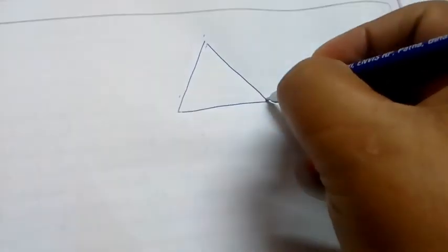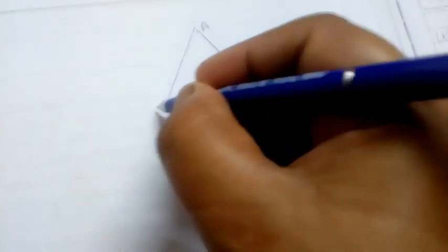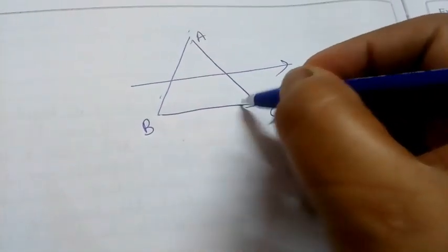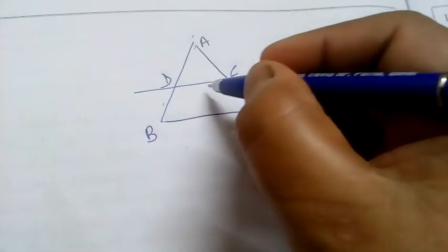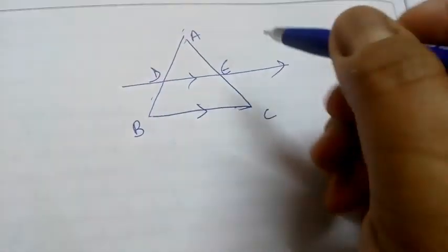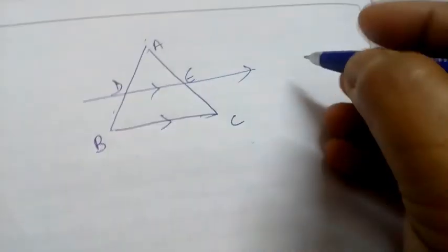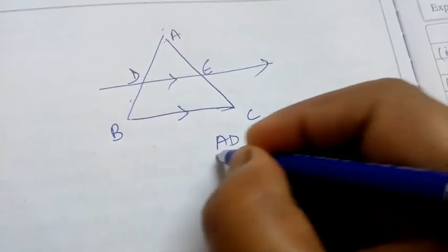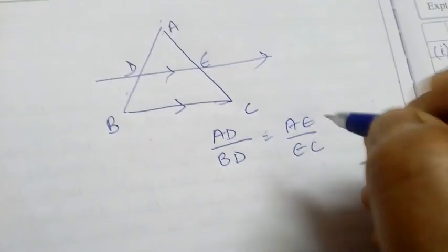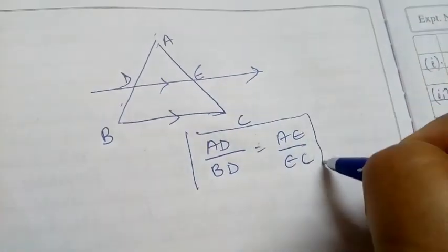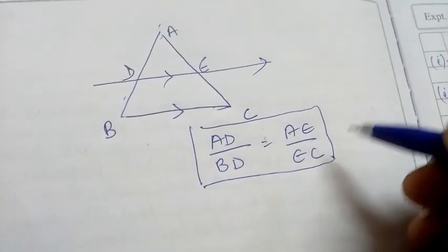Like, if ABC is a triangle, a line parallel to the base BC intersects the two sides at the points D and E. Then it divides them in the ratio AD upon BD equal to AE upon EC. We have to prove AD upon BD equal to AE upon EC.